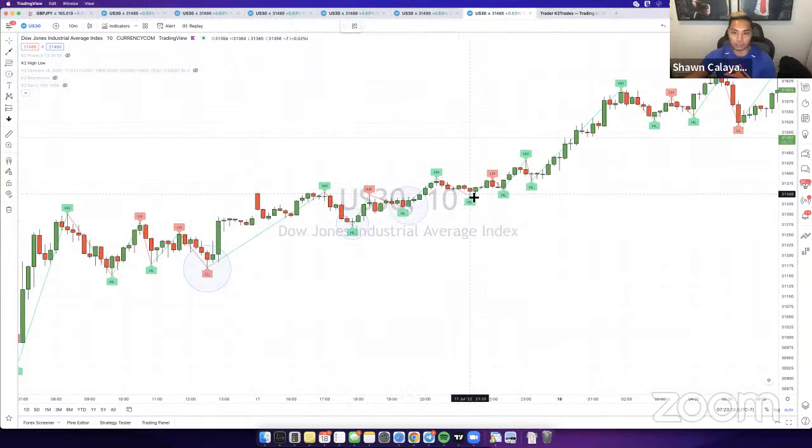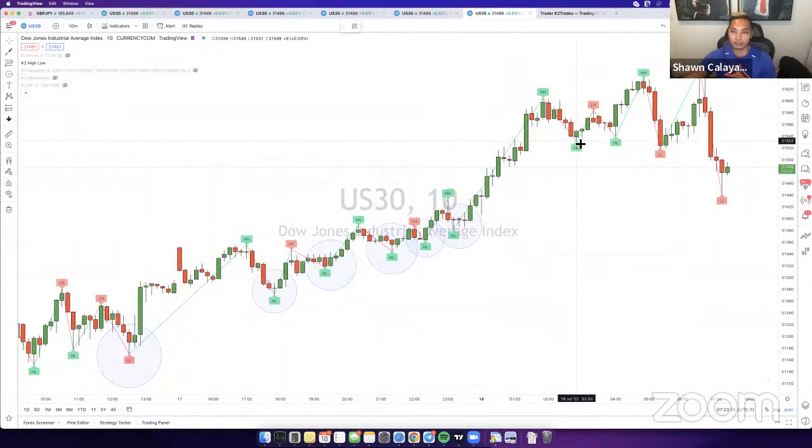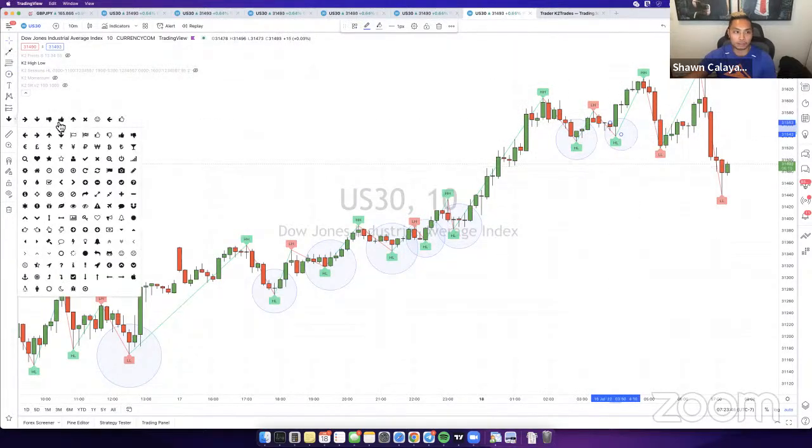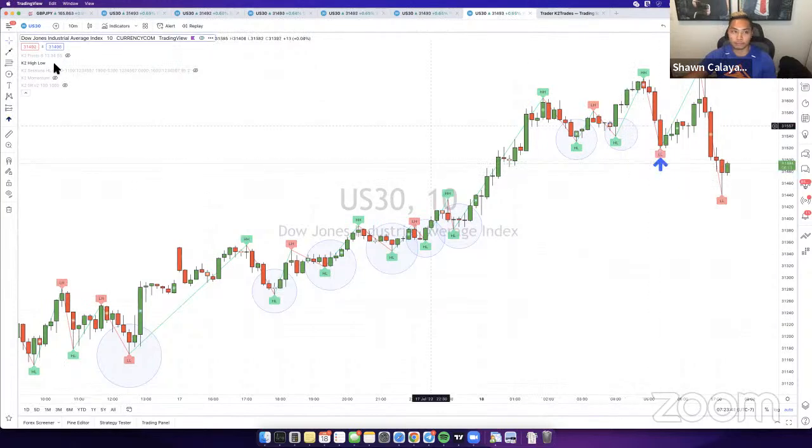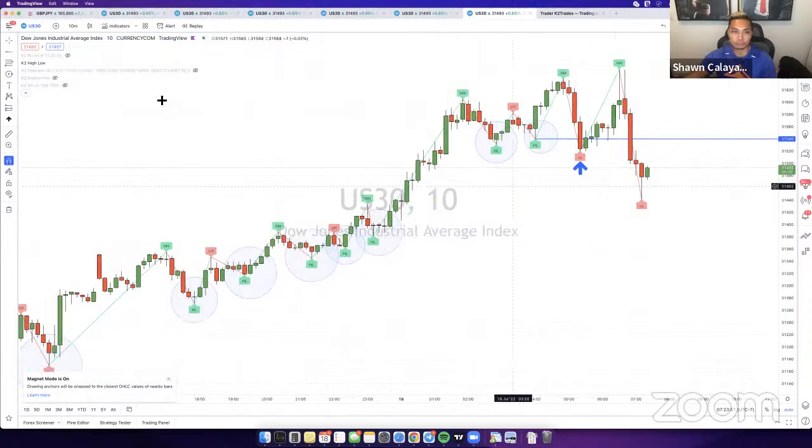This is a low that goes higher, higher. There's no overlapping, right? Because price doesn't come back below it. This doesn't overlap. This doesn't overlap. This doesn't. But this right here does overlap because the low is right here and price overlaps the low.